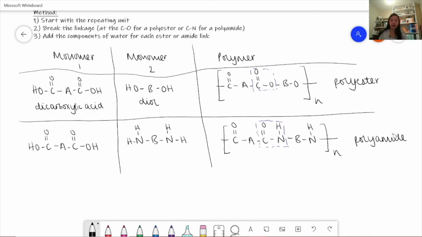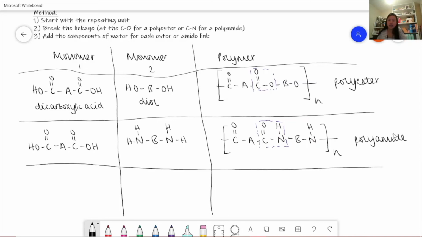And then we have one more, so we have the one where we use amino acids, and so this is a dicarboxylic acid and a diamine. And this time, if we just have an amino acid, because it's got two groups on it already, we actually don't need two monomers.